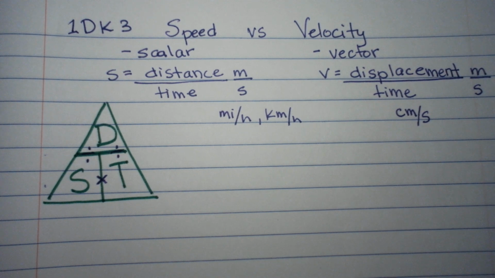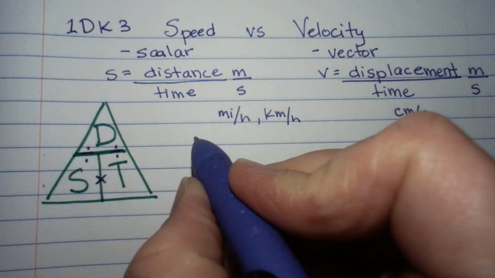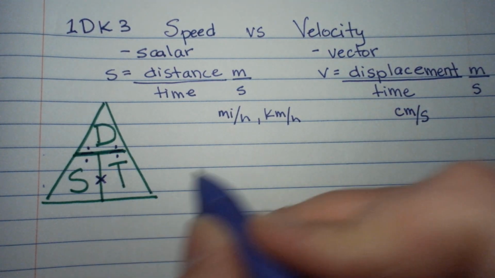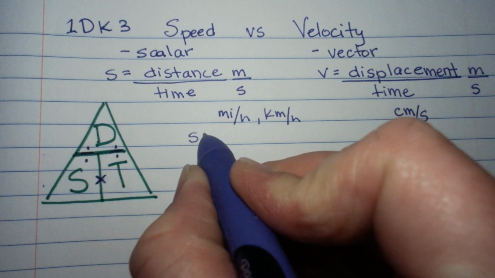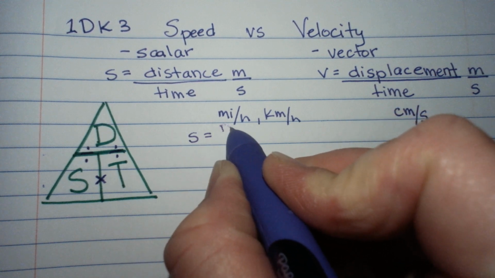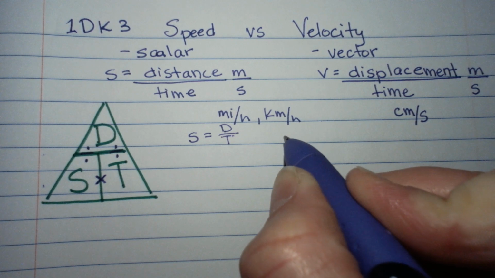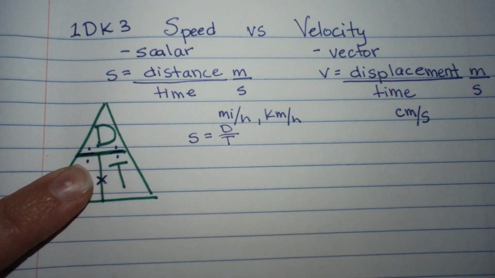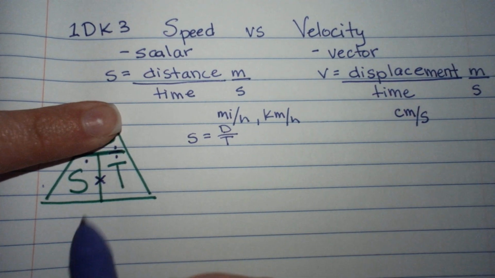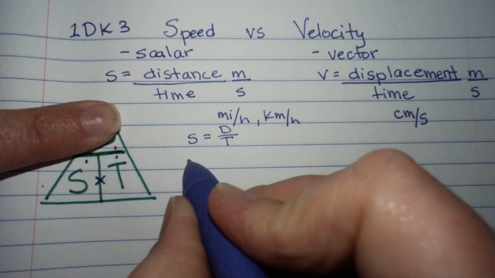Okay, so being able to use that triangle will be super helpful for some of you. Some of you guys just want the formula. You just want to know exactly what it is. So we can go ahead and write those out. Speed equals distance divided by time. Distance equals speed times time.